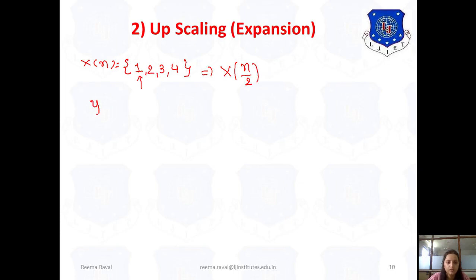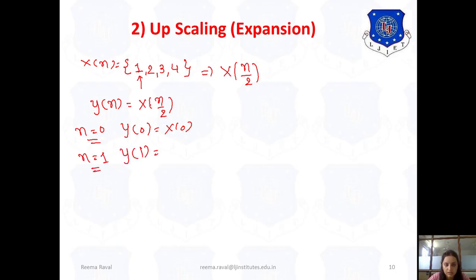Okay, so we are going to define the function y of n equals x of n by 2, right? So for n equals 0, what will I get? I will get y of 0, which will give x of 0 only, right? Similarly, for n equals 1, I am getting y of 1, that is placing the value of 1 over here, I will get 1 by 2, that is x of 1 by 2.